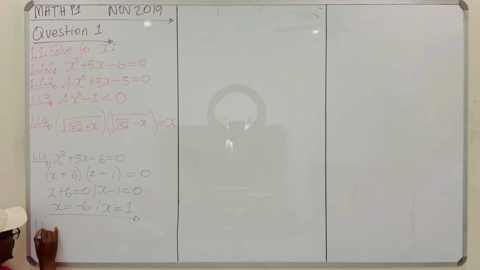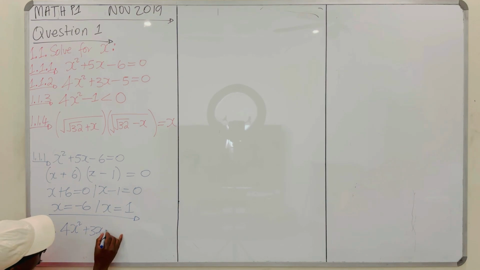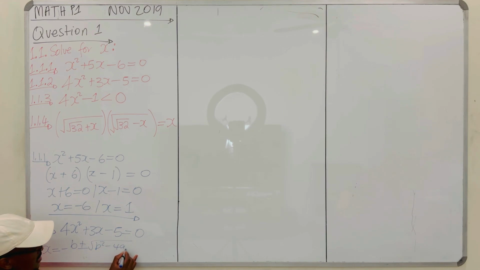1.1.2 is given as 4x squared plus 3x minus 5 is equal to 0, right? You know the quadratic formula is x equals negative b plus or minus the square root of b squared minus 4ac, all over 2a.